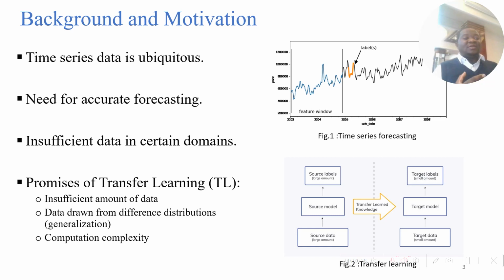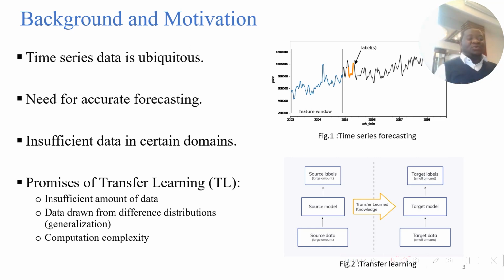So, time series. We know time series data are ubiquitous, are everywhere, especially with the advent of IoT, with medical data, with electricity data. And there is a need for accurate forecasting, a need to have accurate predictions of time series on one side.